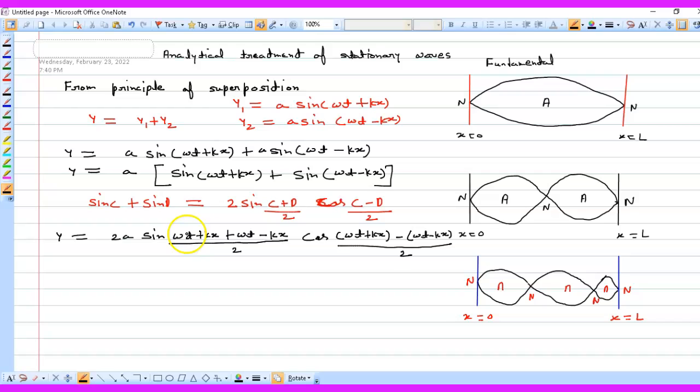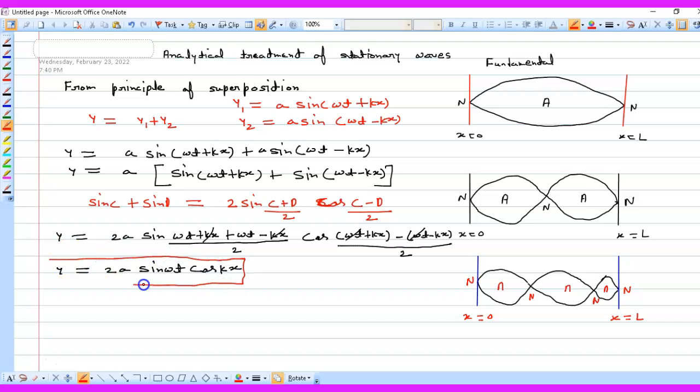After solving, kx cancels and omega t cancels in the respective terms. Then y is equal to 2a sine omega t into cos kx, and this is the standard equation of stationary waves.